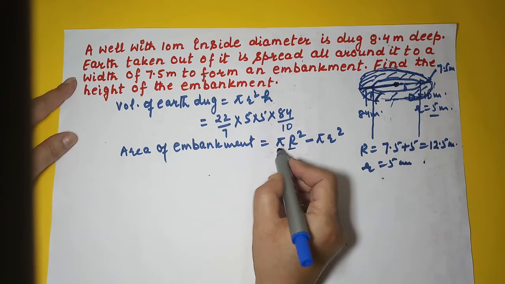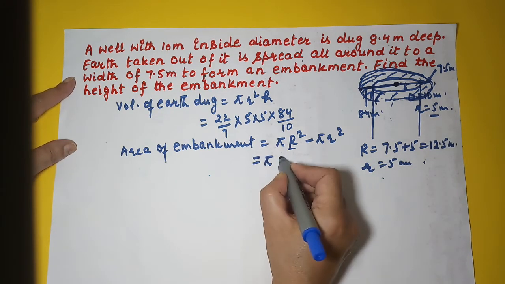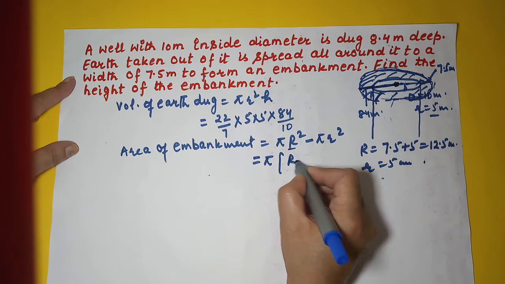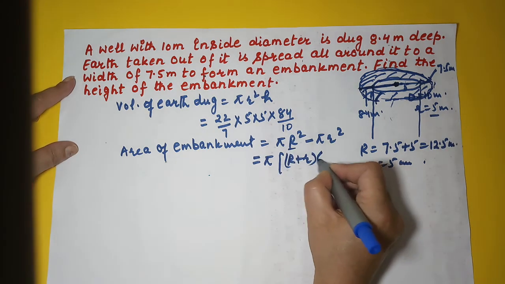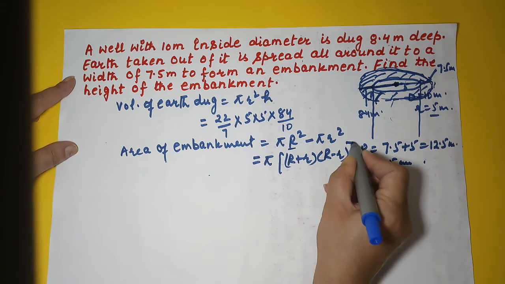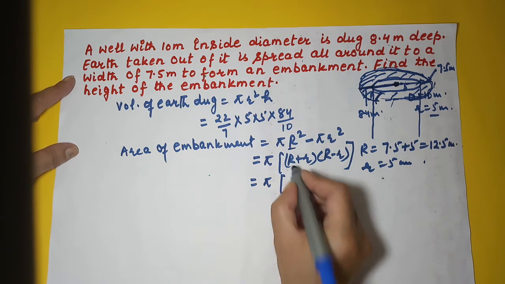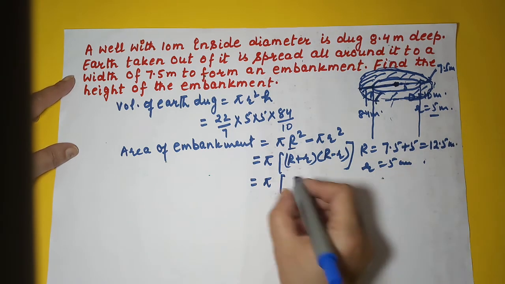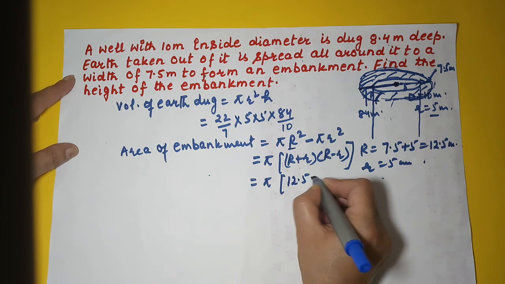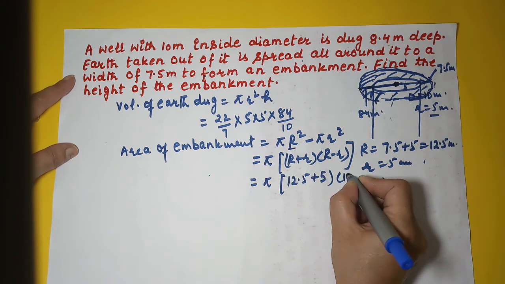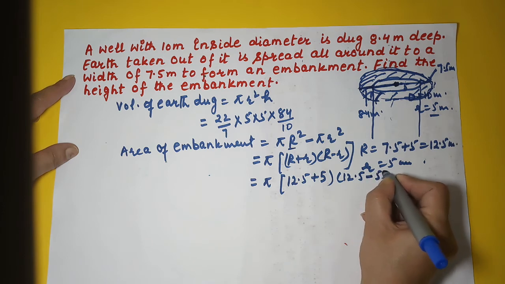And then I have small r that I know is 5 meters. So I can find the area here. I can take pi common. So let me write this as R plus r into R minus r to make my calculation simpler. So I will get pi, 12.5 plus 5 and 12.5 minus 5.